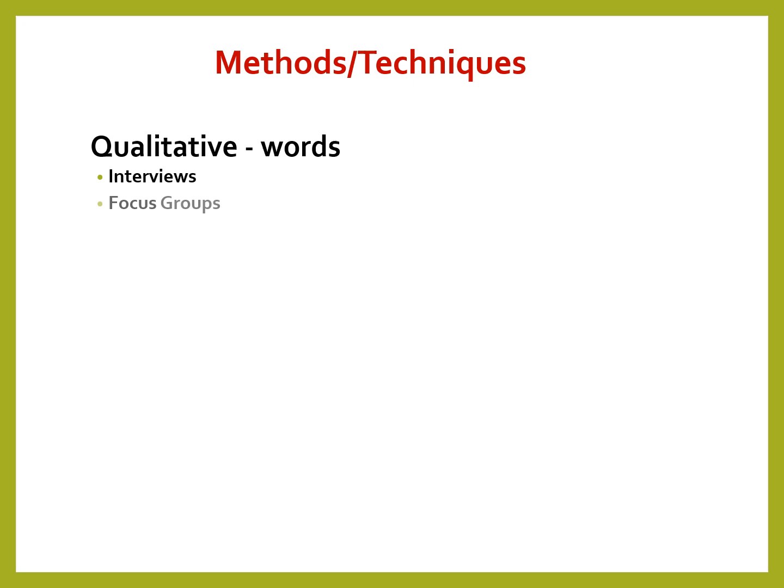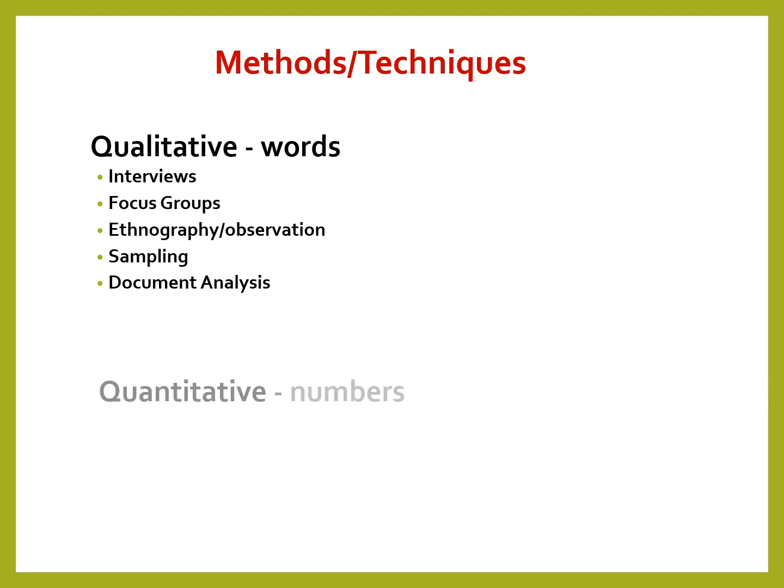In the coming weeks, we are going to discuss this point extensively, but for now, just a word on methods and techniques. So, broadly speaking, there are two families of those, the qualitative versus the quantitative. While qualitative methods are based on the analysis of words, quantitative methods are based on the analysis of numbers.